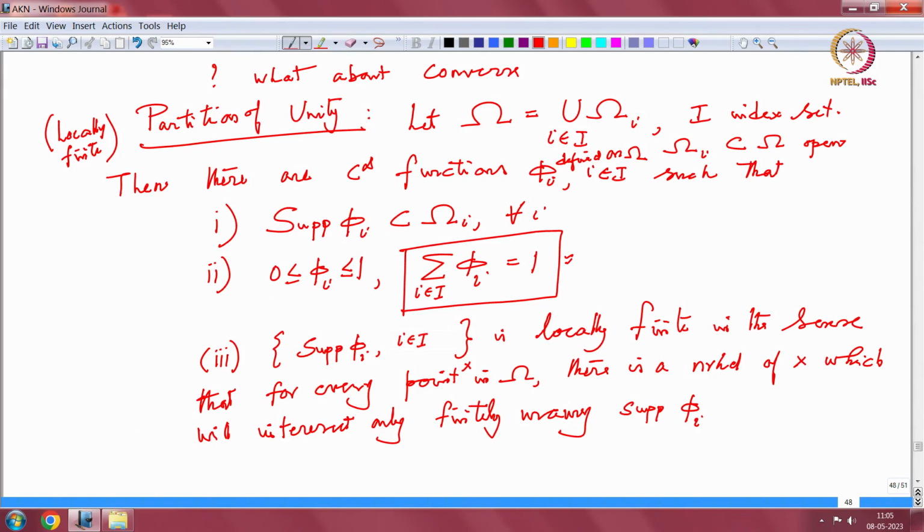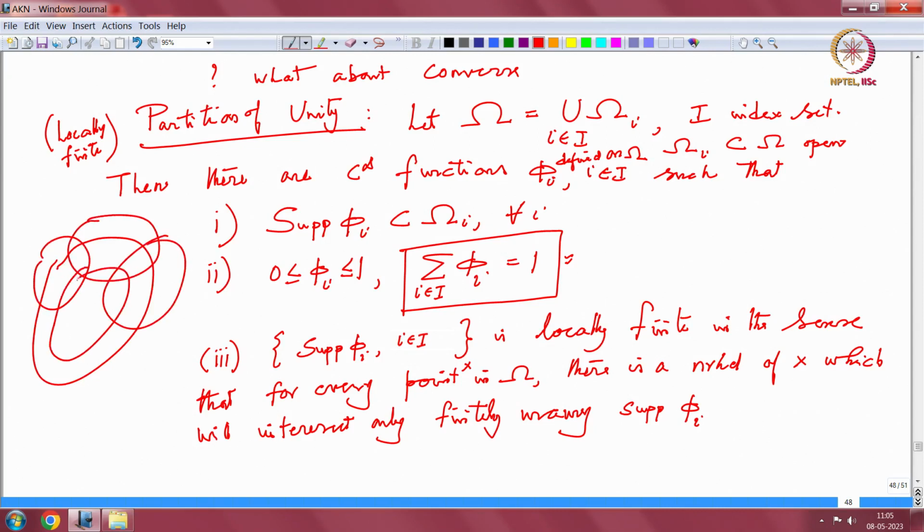The basic idea is that phi_i is defined everywhere in Omega, so you will have something partitioning. Let me put my Omega in a different color. It may be inside or contained, it does not matter.